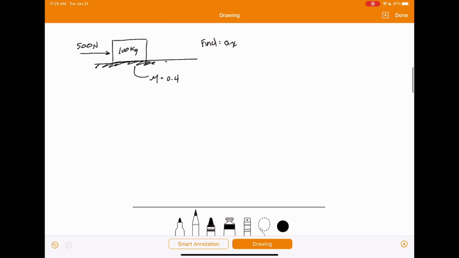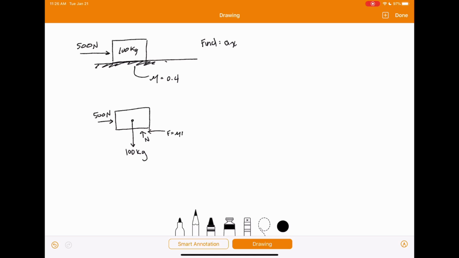All right, so again, we're just going to free body diagram this box to start out. So we have our 500 Newton force. We also have 100 kilograms acting down. We'll have a normal force, and then we'll also have our friction force, which is equal to mu times our normal force.